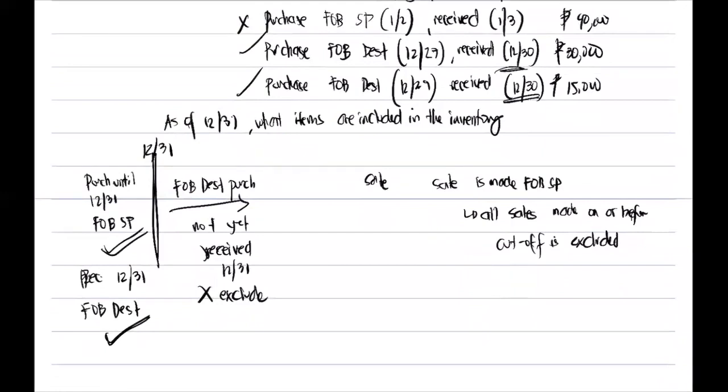No, that's for FOB shipping point. How about if it is FOB destination? All sales which were delivered on or before cutoff are excluded.